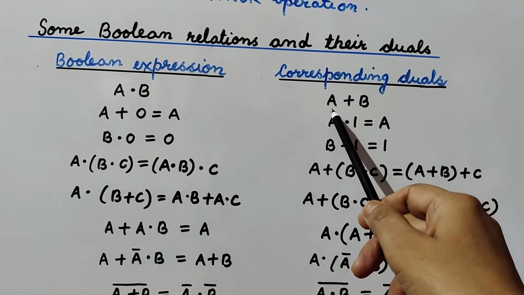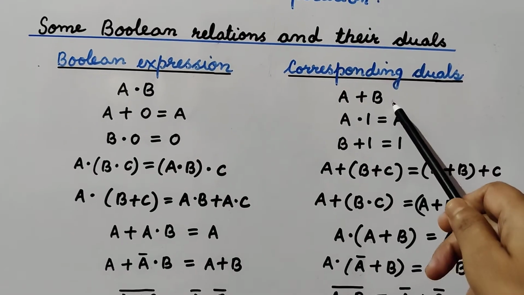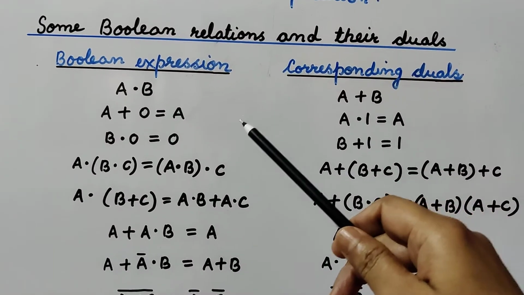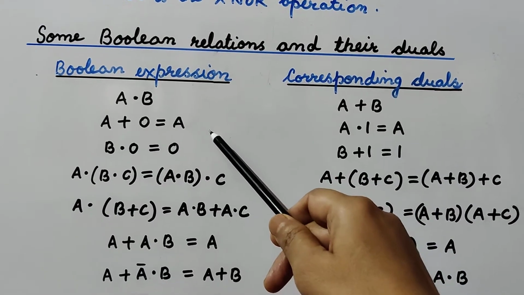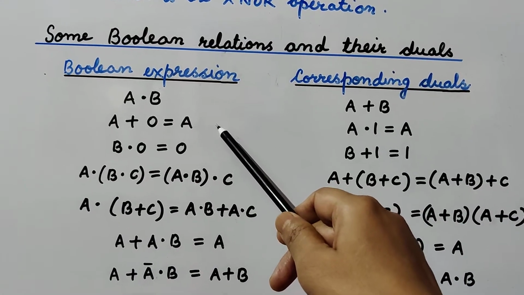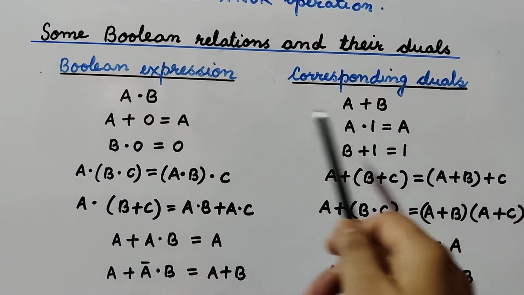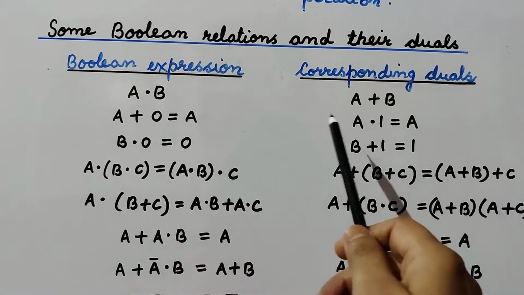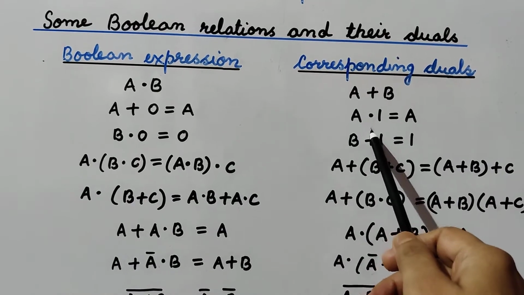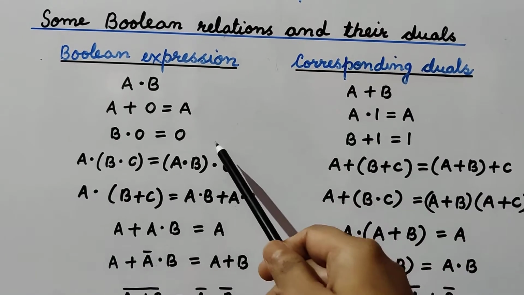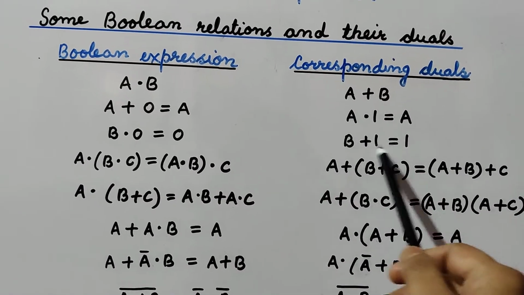So the new expression which is obtained after replacing the AND by OR is A plus B. So A plus B is the dual of A dot B. Similarly, in the next expression, we are given A plus 0 is equal to A. So its dual will be A dot 1 is equal to A. That is, we have replaced 0 by 1 and we have replaced the plus symbol by dot symbol. That is, we have replaced the OR by AND operation. Similarly, B dot 0 is equal to 0 can be written as B plus 1 is equal to 1. So this is the dual of this.